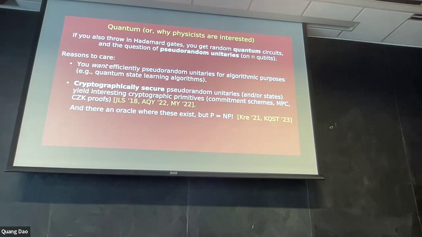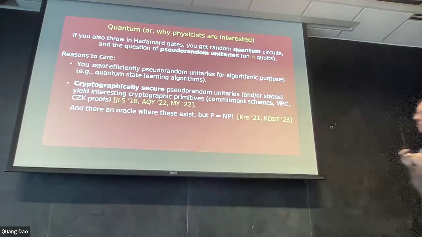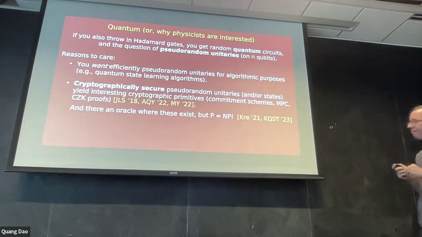On the other hand, this work by Kretschmer shows that there are oracle worlds relative to which cryptographically secure quantum objects exist, even though P equals NP. So even though you're in Algorithmica, you still have crypto thanks to quantum cryptographic primitives. That's pretty cool. It's interesting to think about, even though P does not equal NP.